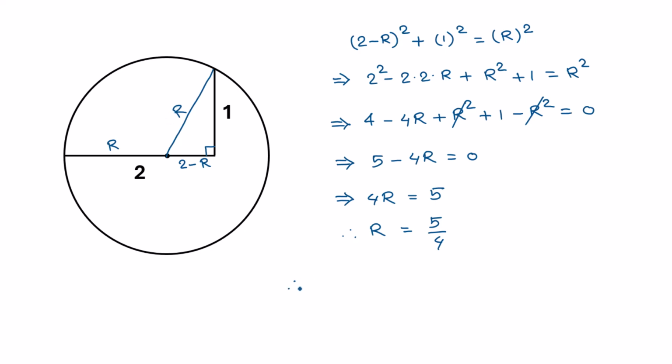So the area of this circle will be pi times r square. This is the formula of a circle's area. So substitute this value, we will get pi times (5 over 4) square, is equal to pi times 5 square is 25 over 4 square is 16.